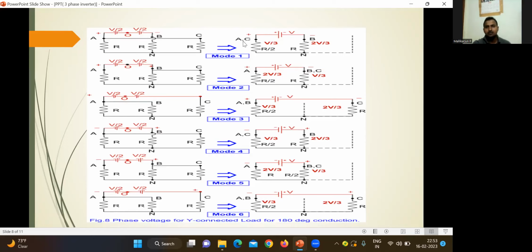The positive group output phase voltage is V by 3, a positive voltage, and VBN is nothing but minus 2V by 3, the negative value. This is the neutral terminal. This happens in the operation of mode 1.